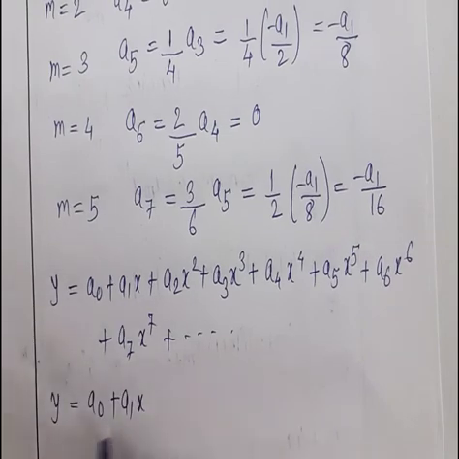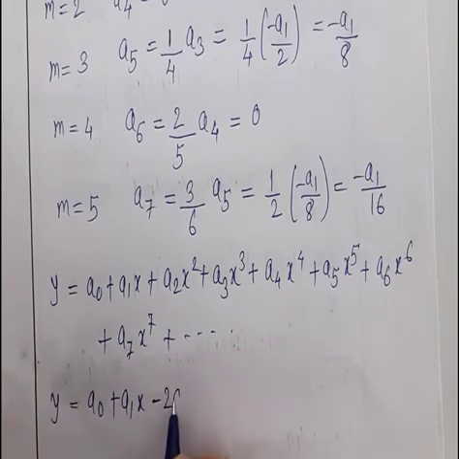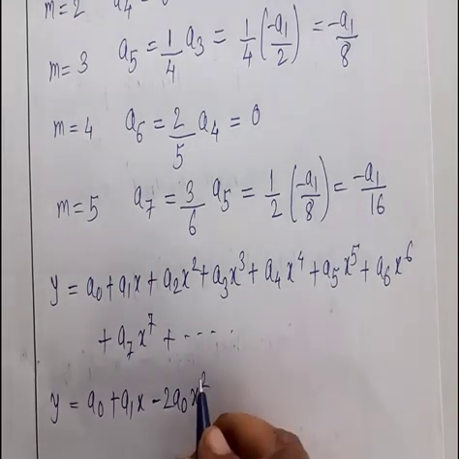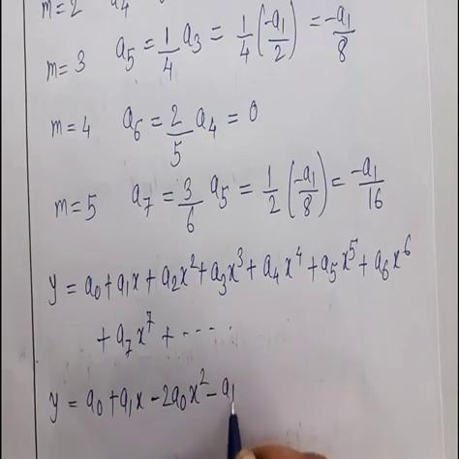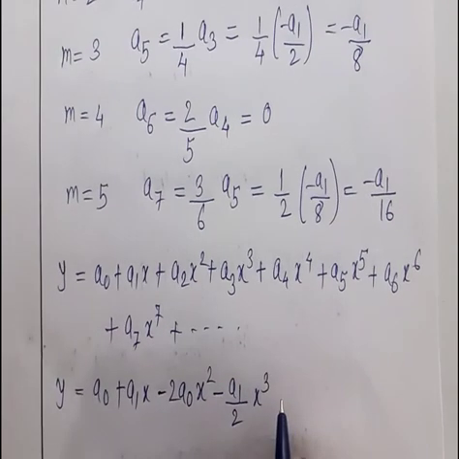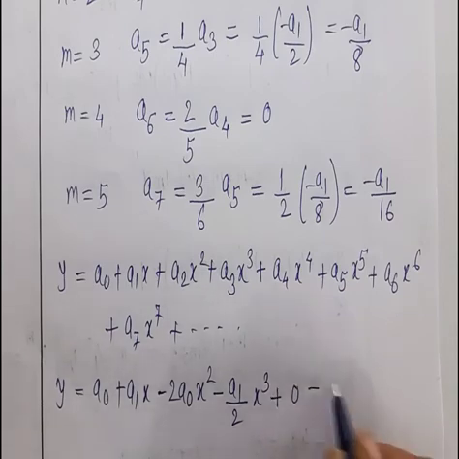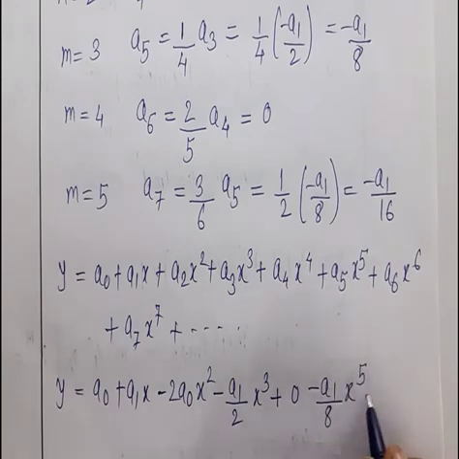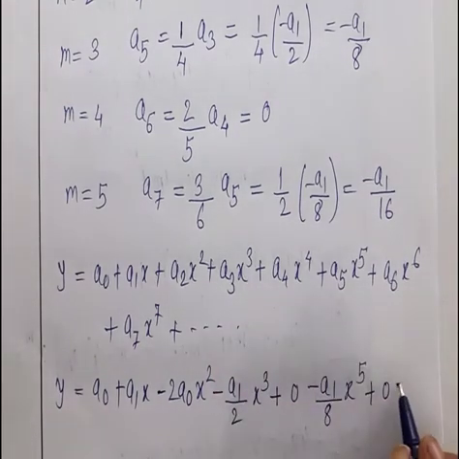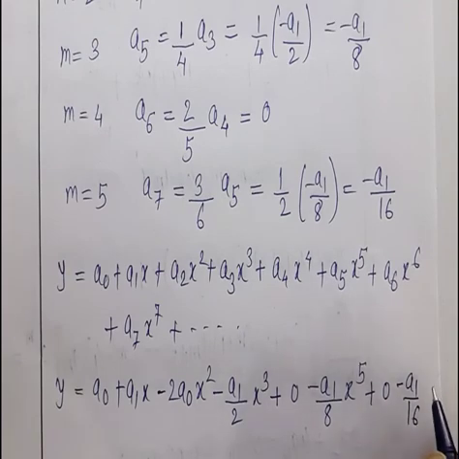We always get the solution in terms of a0 and a1. Plus a2, what is the value of a2? It is minus of 2a0 multiplied by x square. a3 is minus of a1 divided by 2 multiplied by x cube, plus a4 is 0. a5 is minus of a1 by 8 into x to the power 5. a6 is 0. a7 is minus of a1 by 16 multiplied by x to the power 7 plus and so on.